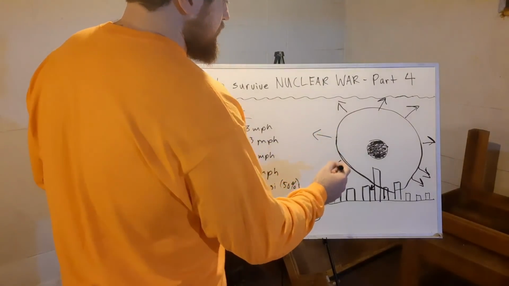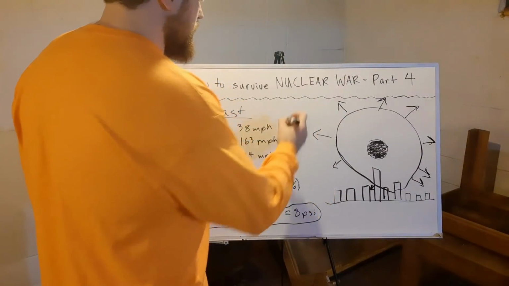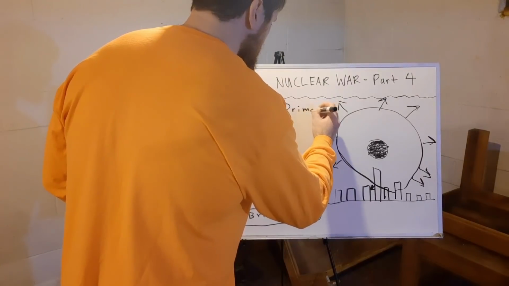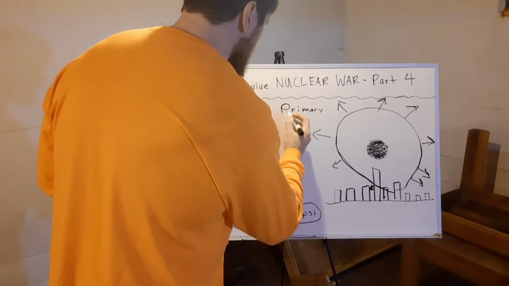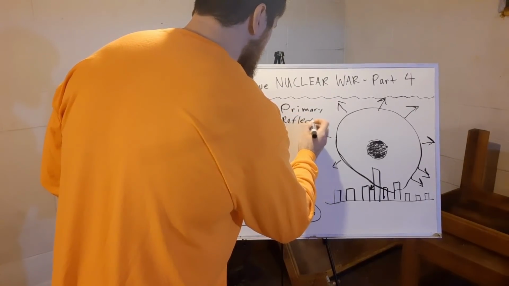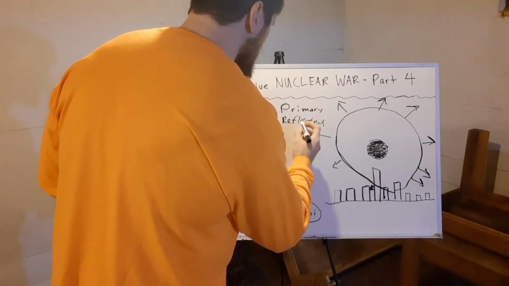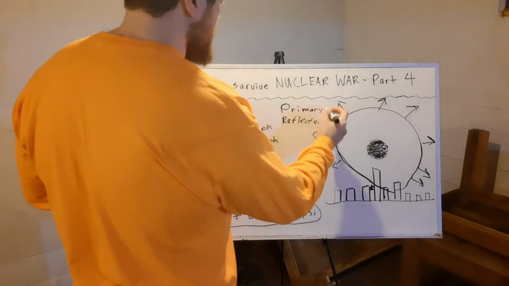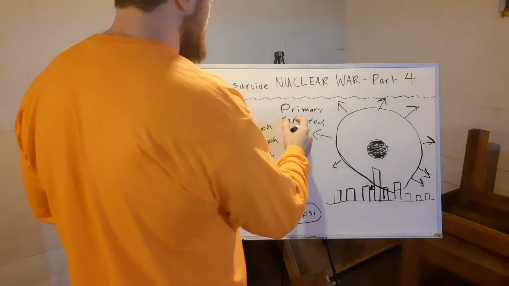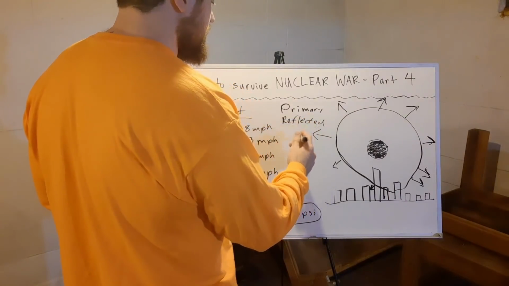Now what's going to happen is you're going to have two blast waves. You have your primary blast wave, the one that most people associate with the blast wave. And then you have your reflected blast wave, which is something that not a lot of people know about. Together, the primary and the reflected wave create the Mach stem.